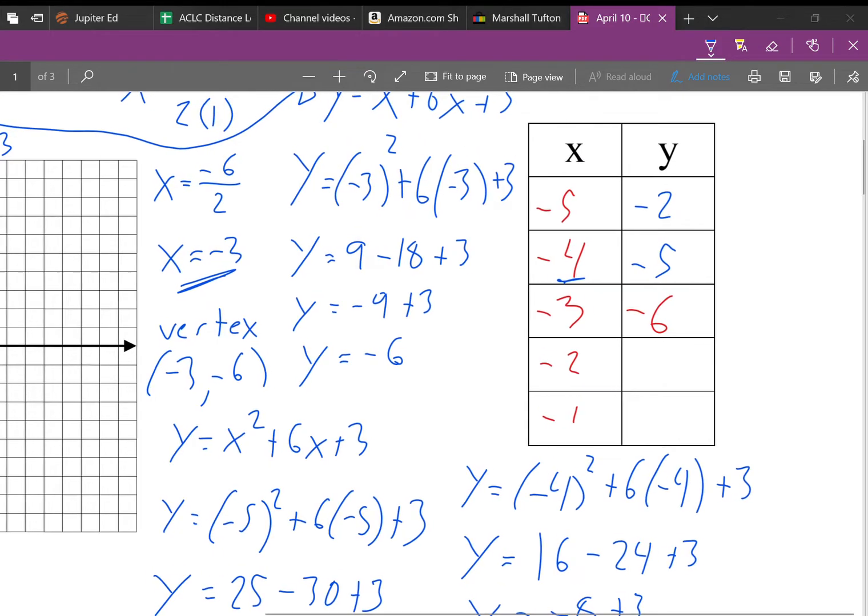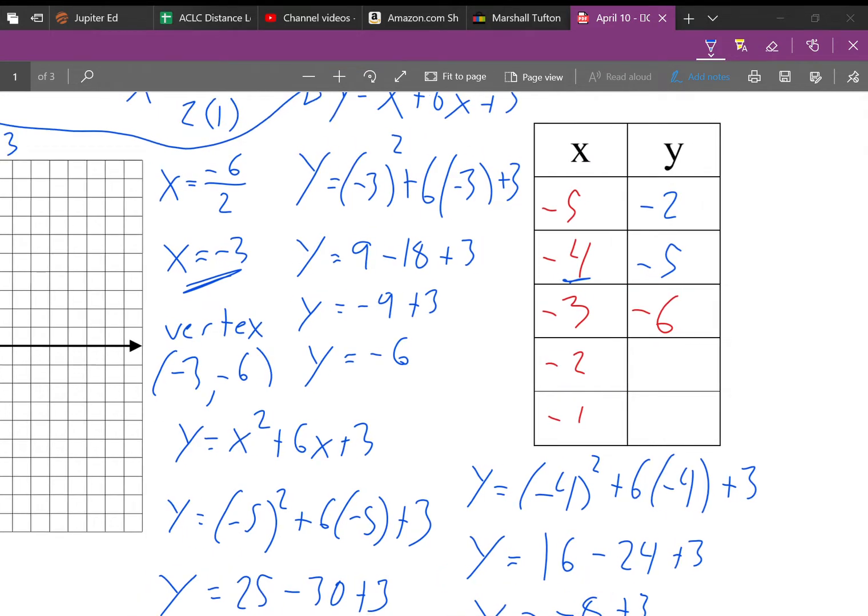Now, before break, when I had you do this problem, I had you plug in the other two x values to find the other two y values, but today I'm going to let you use a little bit of a shortcut. Because a parabola graph is symmetric, you can say that these two numbers are both negative 5, and that these two numbers are both negative 2.